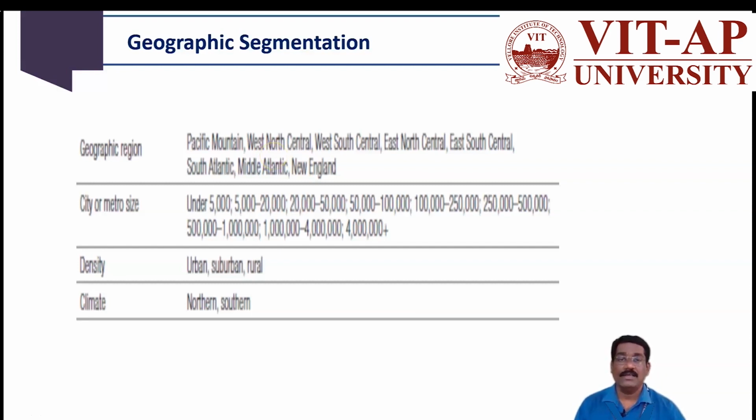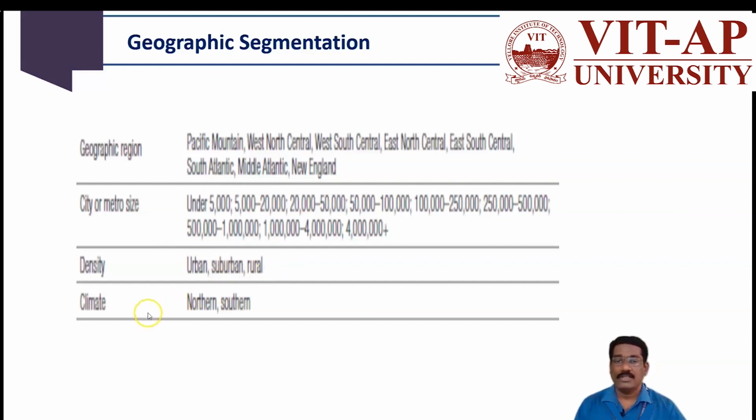And certainly, certain products are meant only for rural areas. For example, Colgate has come out with a 5 rupee small pack size paste, which is not meant mostly for urban areas but mostly for rural areas, based on geographical segmentation.